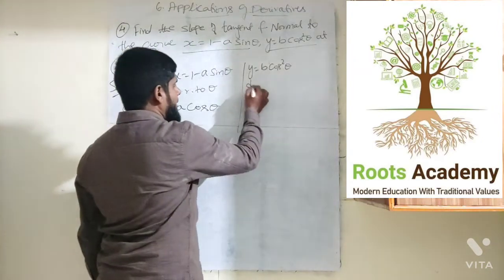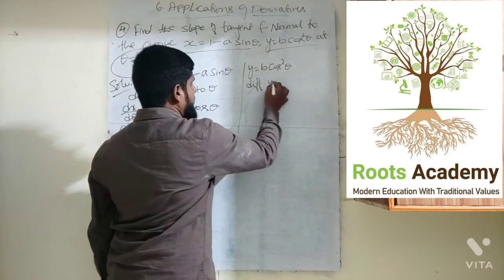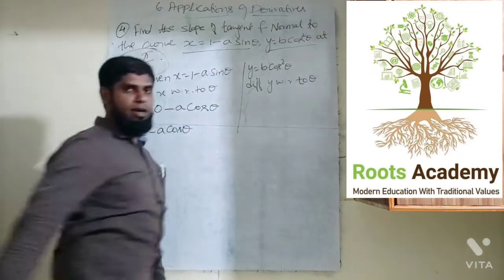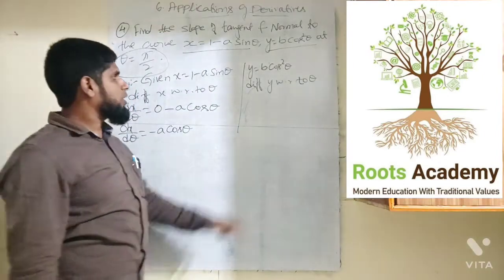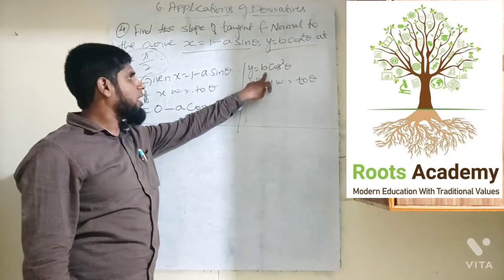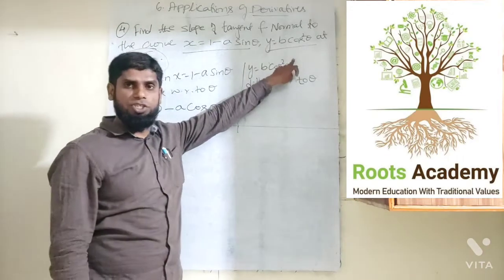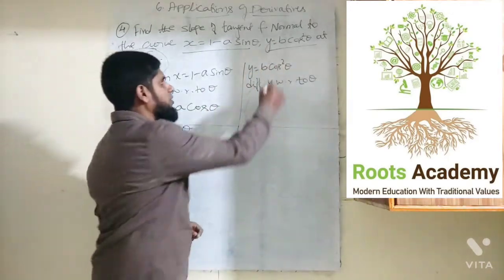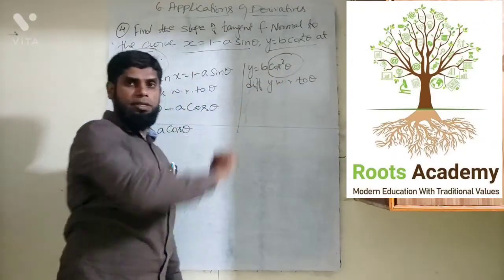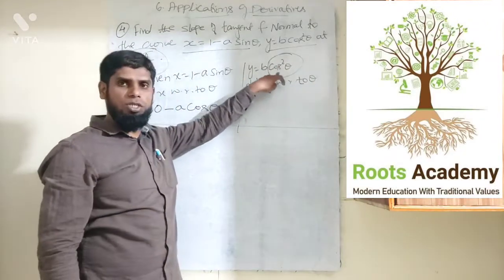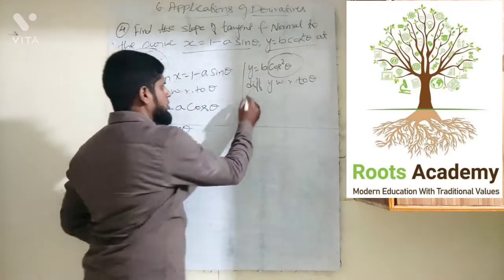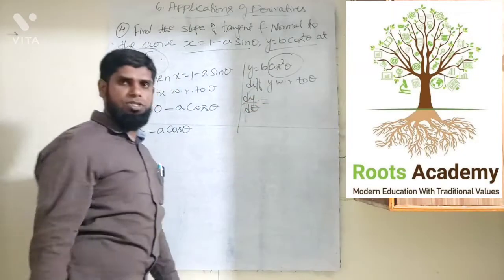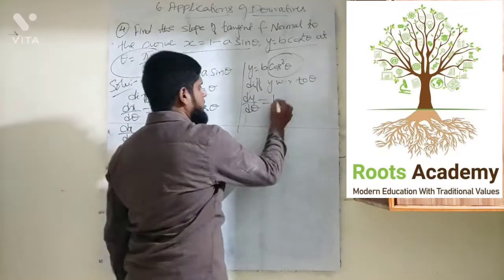Next, differentiate y with respect to theta. So here b is a coefficient and cos square is the function. So here we must use chain rule. First we should take the derivative of cos square, then derivative of cos function. So dy by d theta is equals to b as it is.